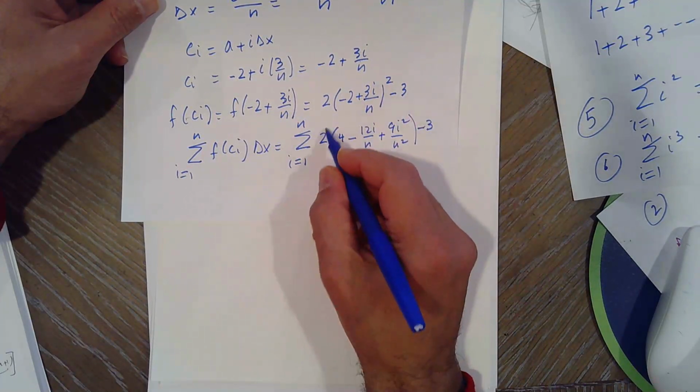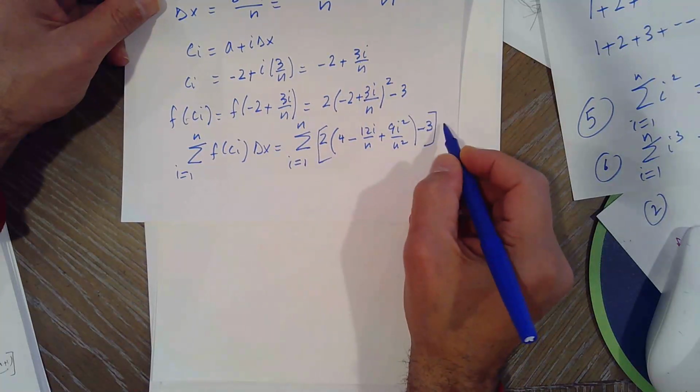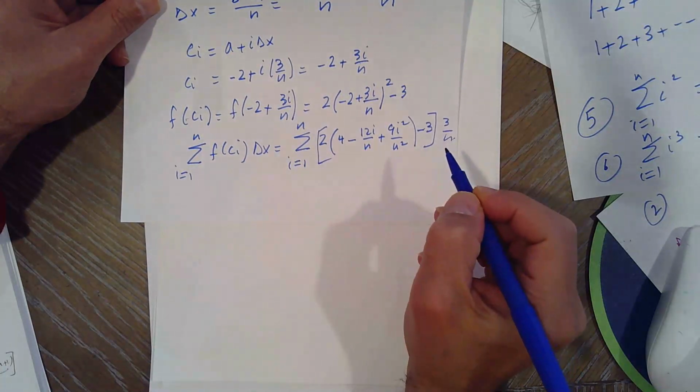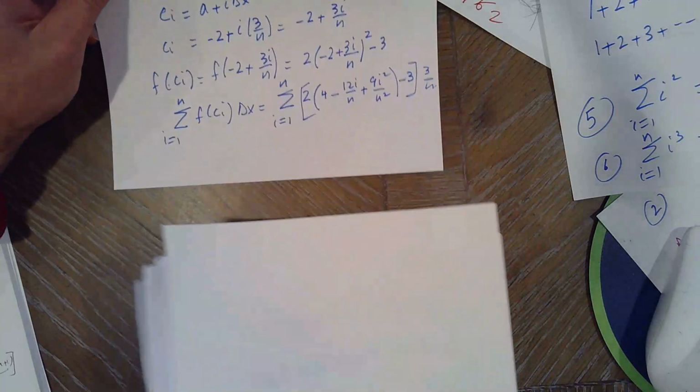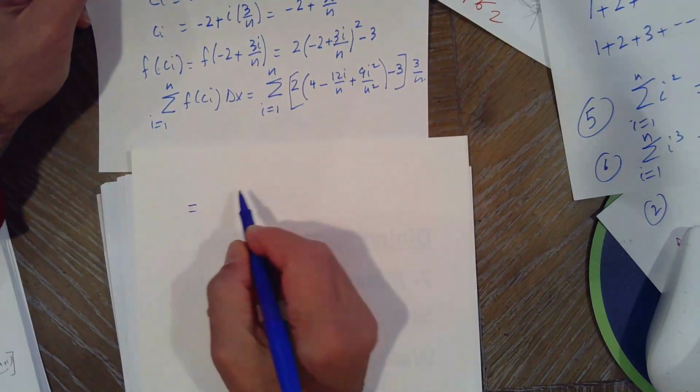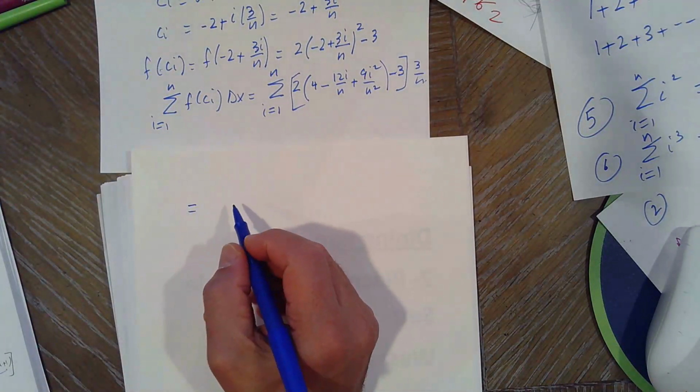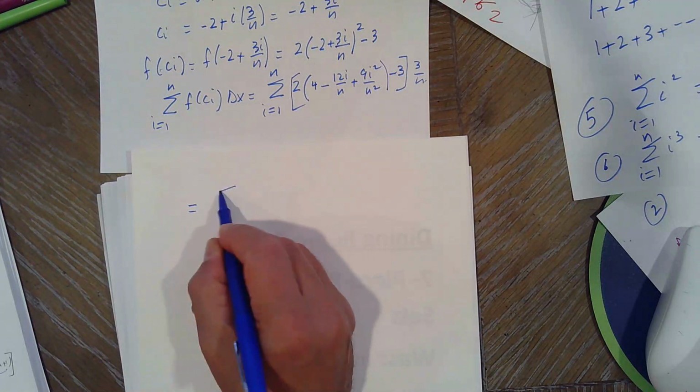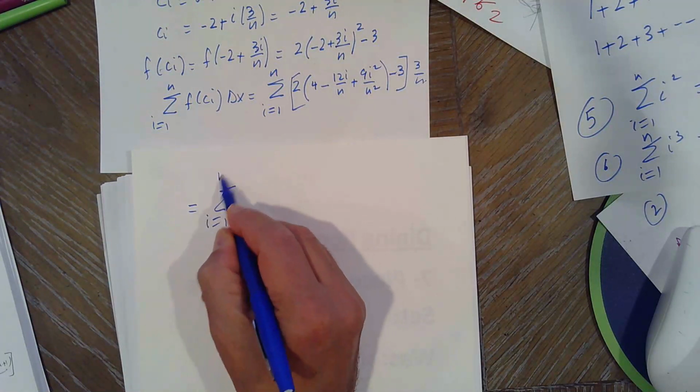So that's f of c_i, and then we're going to times it by delta x, which is 3 over n. So this equals the sum from 1 to n.